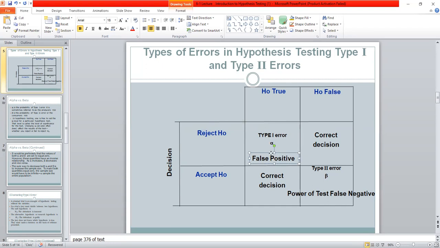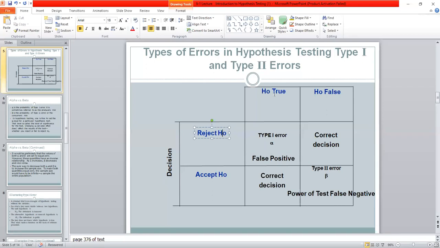But the most commonly used name in hypothesis testing for type 1 error is the level of significance, alpha. And the level of significance is the probability of rejecting a true null hypothesis.